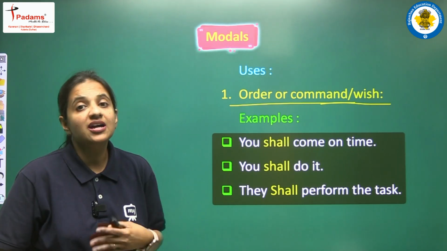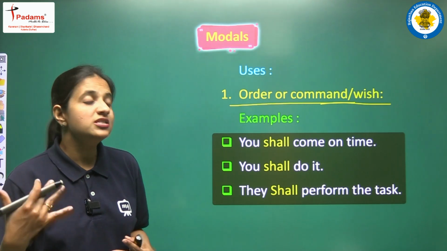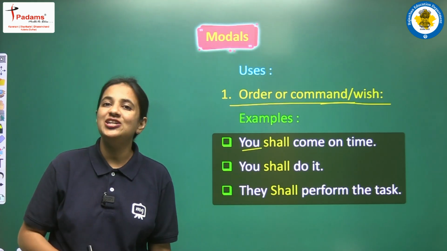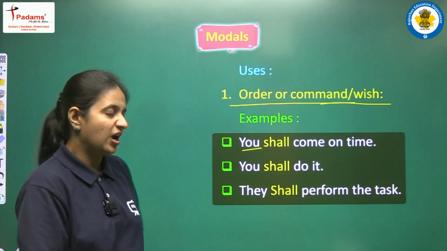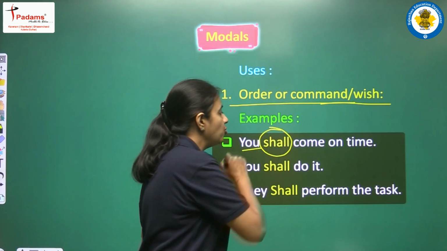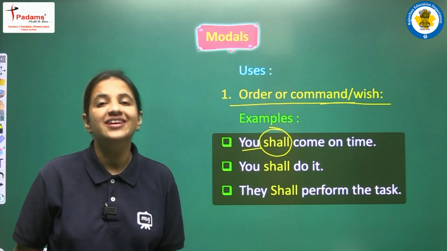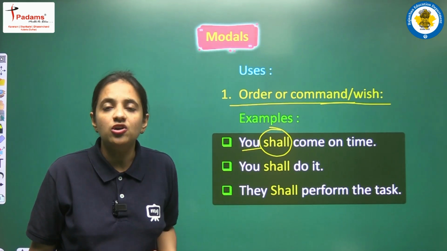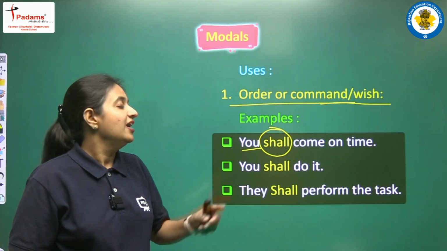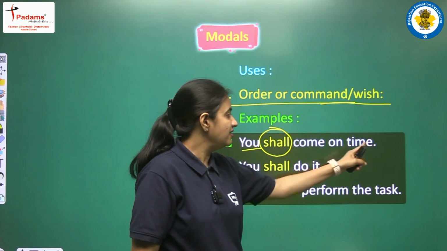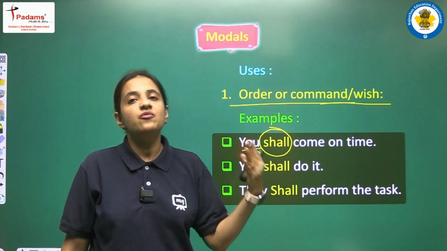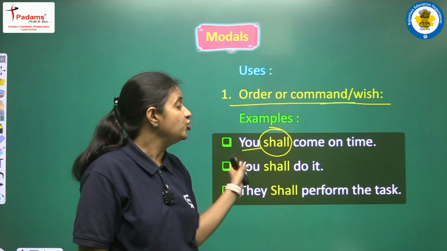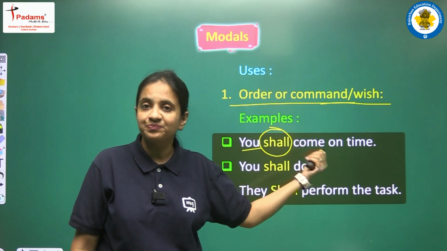This is one of the commands that we are giving to someone, and here we have you, and we all know now that you is a second person pronoun, and for second person pronoun we have shall here. It means here in this sentence shall has the role of a modal, right? And with the help of shall we are giving this kind of command, and we are making a sentence like you shall come on time.